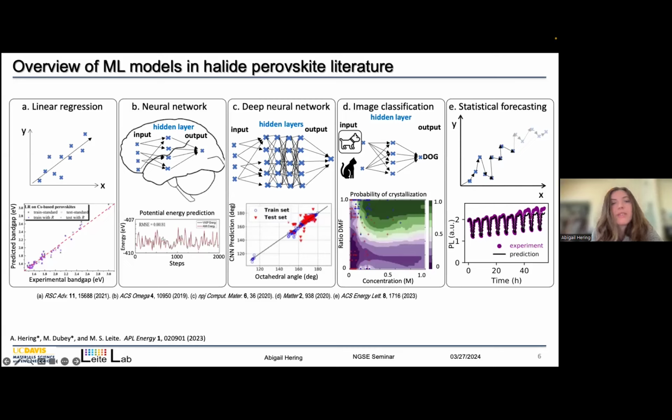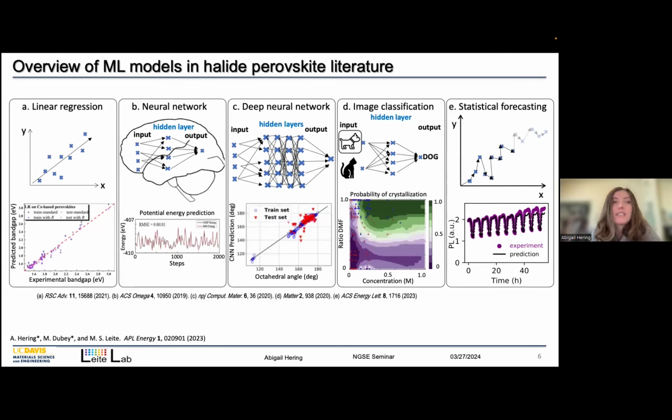So this again has a similar structure to the deep learning neural networks, but instead of numbers, the inputs are pixels from an image. So in this example, the probability of perovskite crystallization is determined based on grazing incidence X-ray diffraction images.